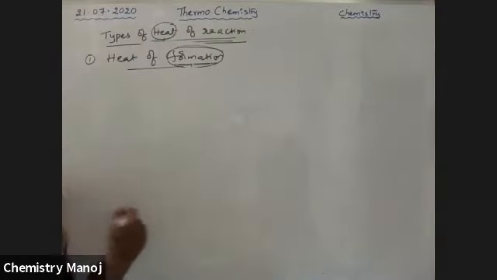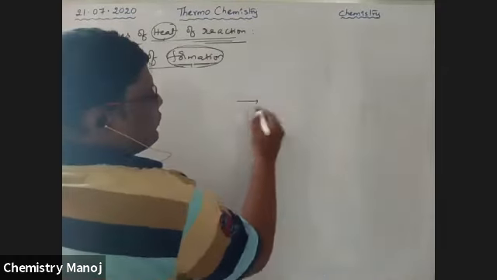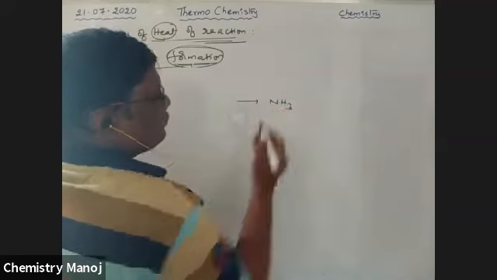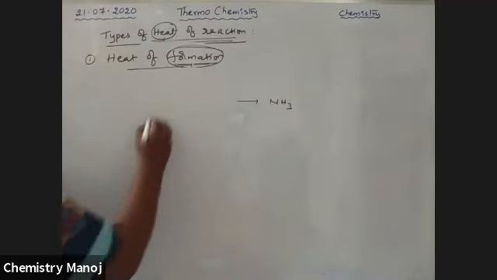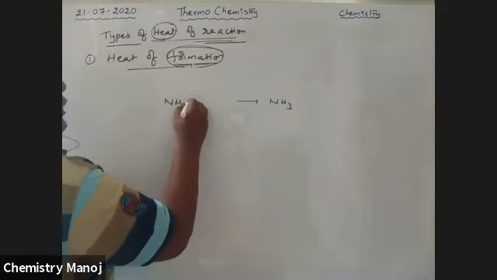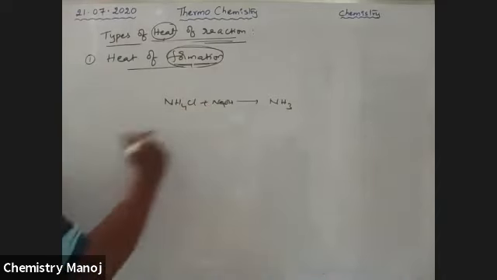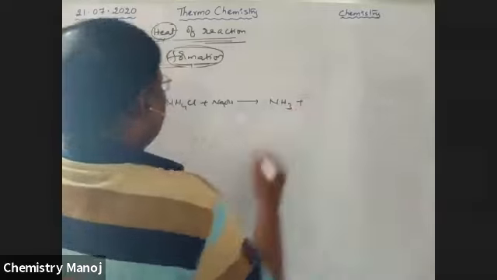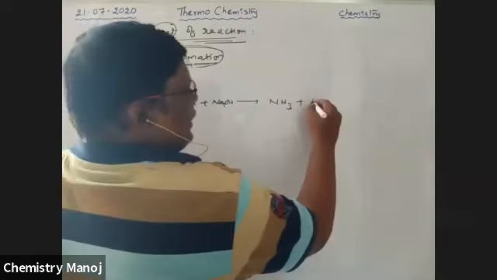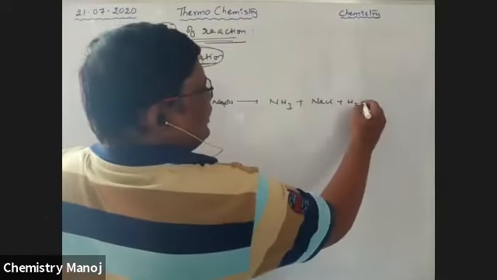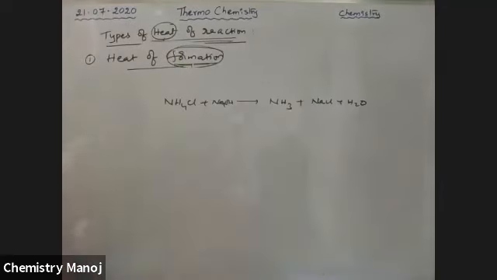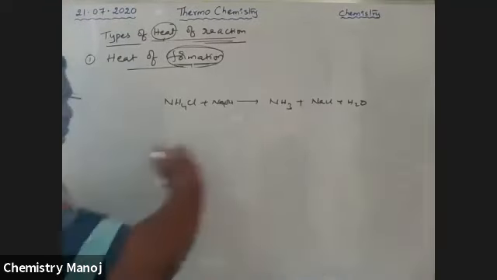See here, ammonia, NH3, is also formed by heating ammonium chloride when it reacts with NaOH, which gives NH3 plus NaCl plus H2O. No doubt it is a reaction.